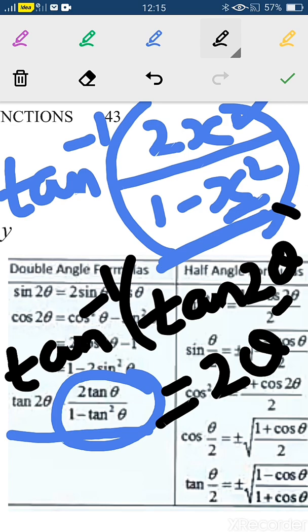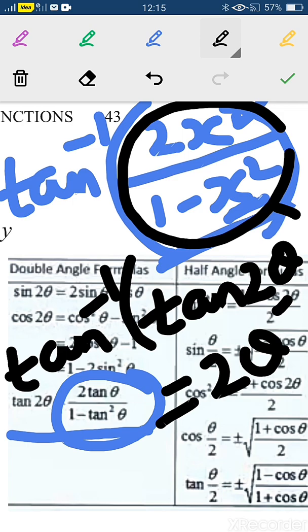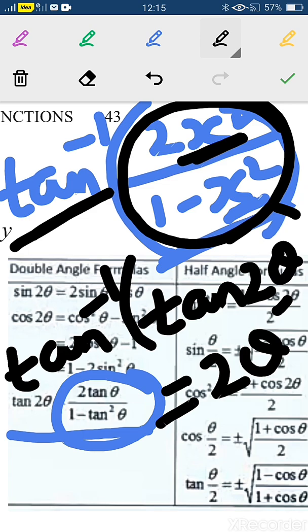In this way you are going to solve it. So whatever is inside, you should know what you will be putting it as, so that you can get the easiest function. If outside there is tan inverse, you have to make this function in terms of tan. Please keep this in mind.